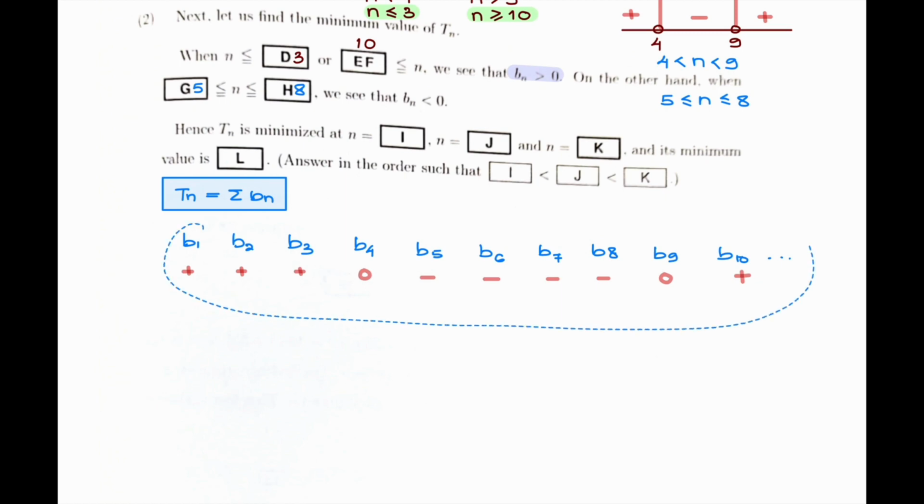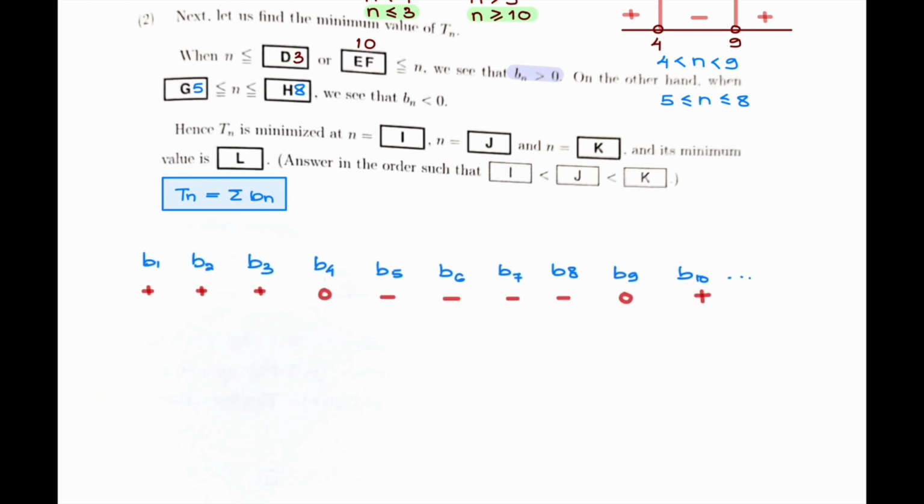By looking at this illustration, you can deduce that Tn, which is the sum of Bn, is minimized at n equals to 1 because this is the first term. And then, as you can see here, something plus something, the number will increase.